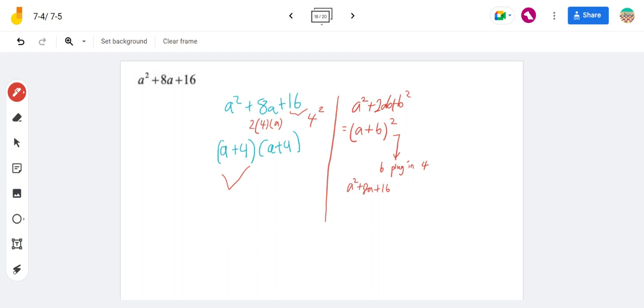In section 7.7 or 7.6, we know that we can use the special products to factor some of the expressions that are in this type of form, like a squared plus 2ab plus b squared.